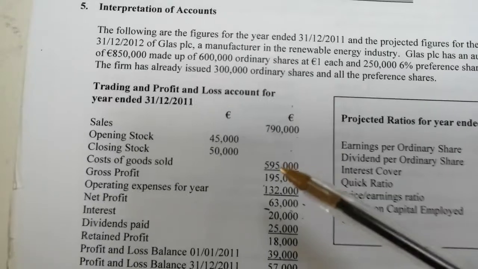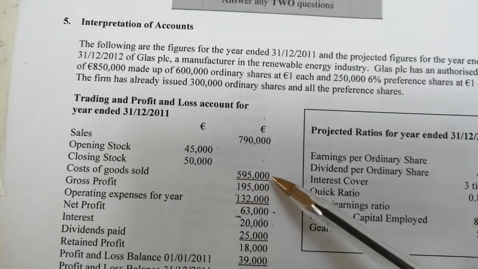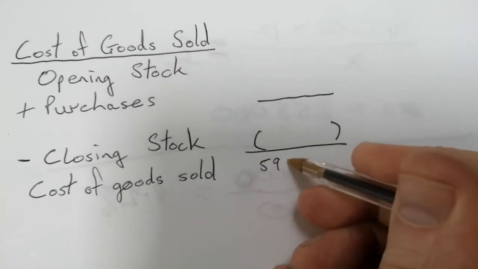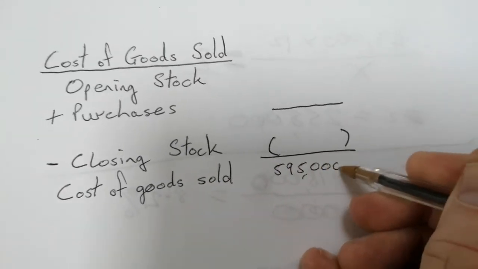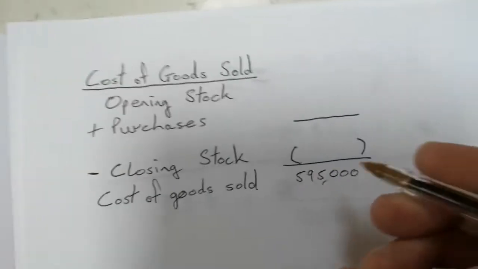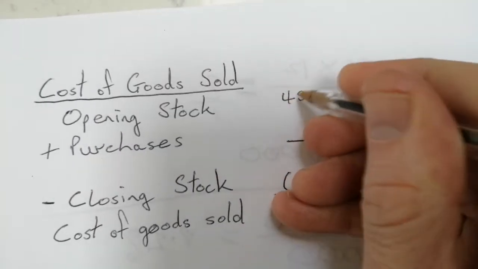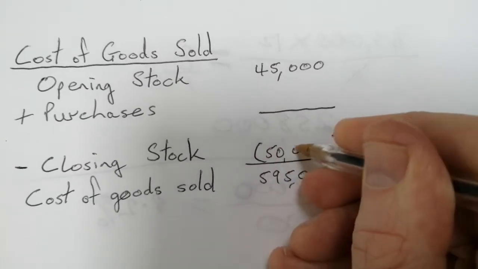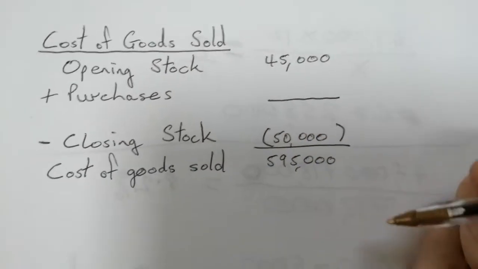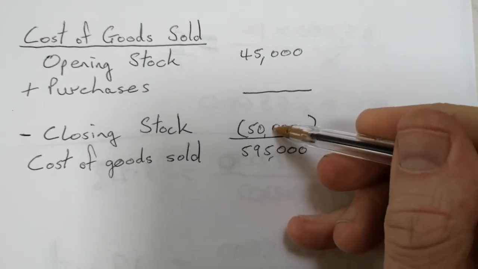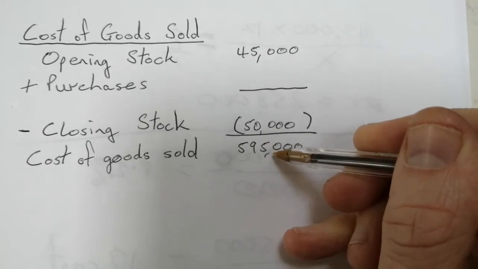So from here, we know some of these things. We know cost of goods sold, 595, so we know that the answer here is going to be 595. We know opening stock is 45,000 and closing stock is 50,000. So if we work our way backwards, we say something minus 50,000 gives me 595,000.